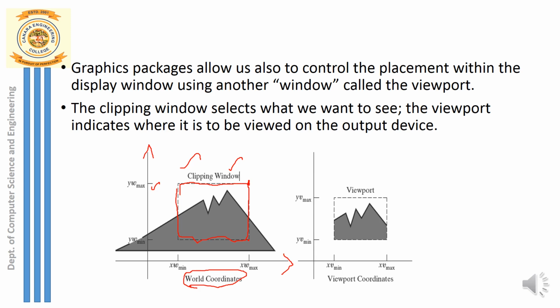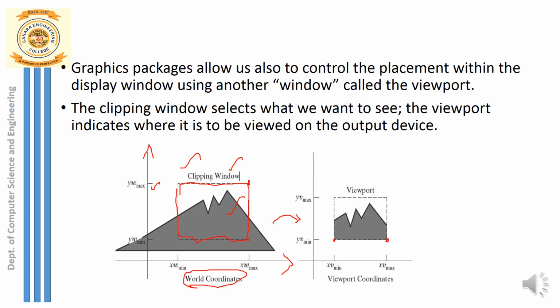finally displayed. After choosing that desired portion, next you're mapping onto the computer screen, or onto the display window. Where on the display window you want to finally display that selected area is given by this boundary. What is that? XV minimum along the x-axis, YV minimum along the y-axis, that is the minimum boundary of the rectangle.